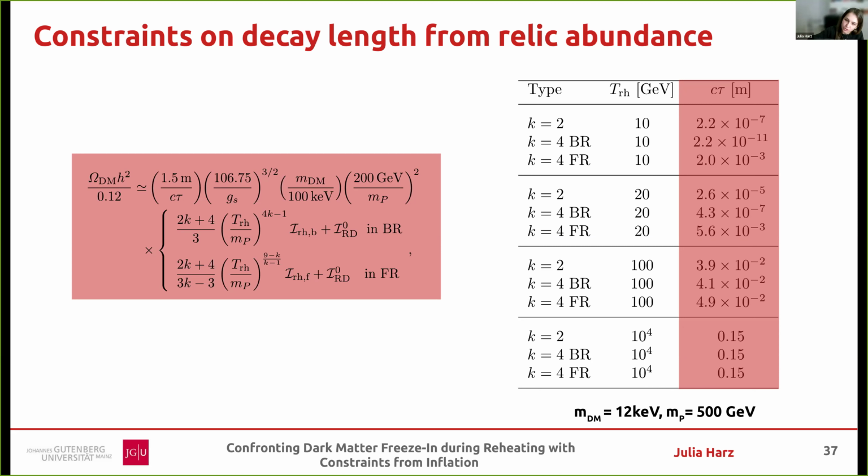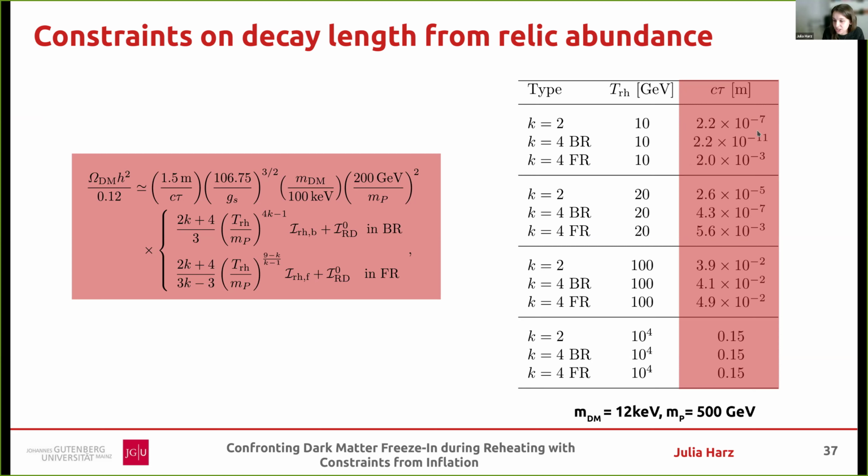However, if we go to smaller reheating temperatures, it leads to smaller decay length. And what you also see is that the smaller the reheating temperature goes, the stronger the effect between, for instance, bosonic or fermionic reheating.